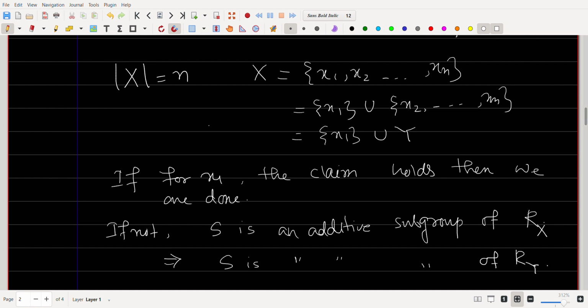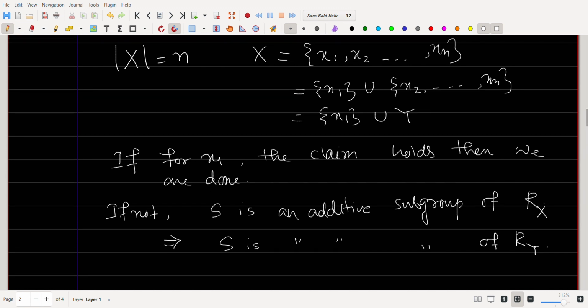Why? Because whatever we are doing with the elements of S, we are pointwise multiplying and pointwise adding, right? So (f plus g)(x) is f(x) plus g(x), and (f dot g)(x) is defined by f(x) dot g(x). So whatever we are doing here is pointwise. That means we can consider S to be an additive subgroup of R_Y also. Now by the induction hypothesis, we are done.